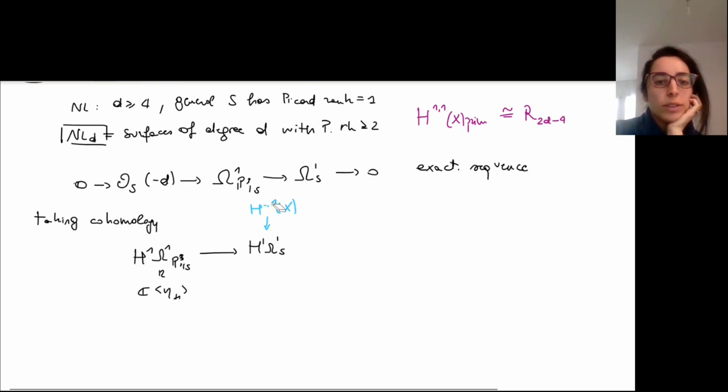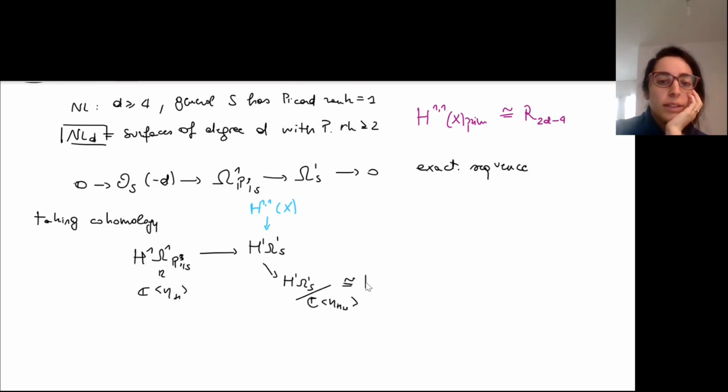It is really H^{1,1}, that is H^1 Omega^1 of S. So here we can consider the hyperplane class, which goes to the hyperplane restricted to S, so we can mod out by the class of the image of the hyperplane.